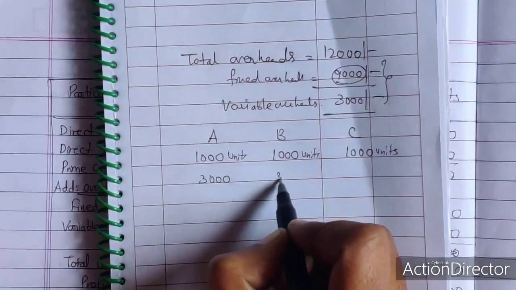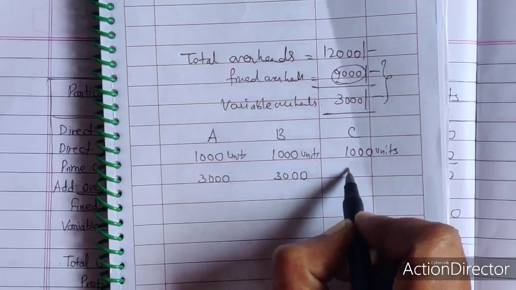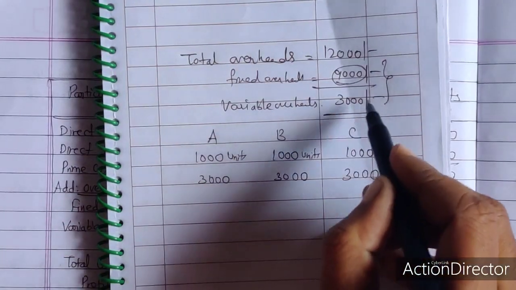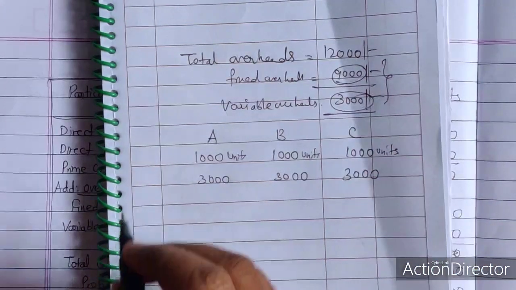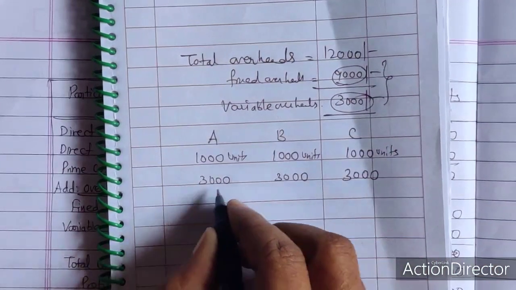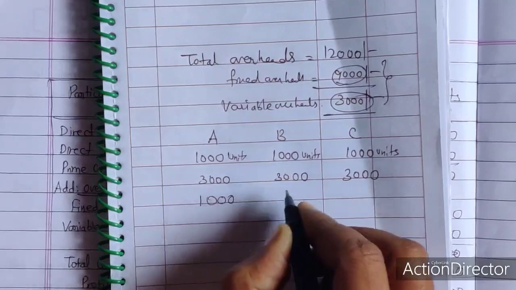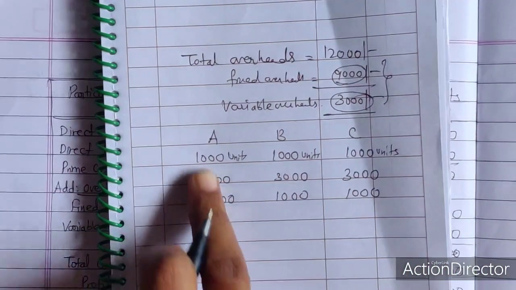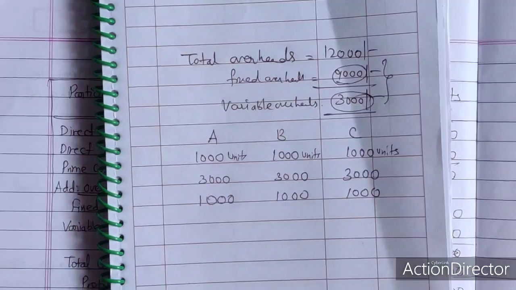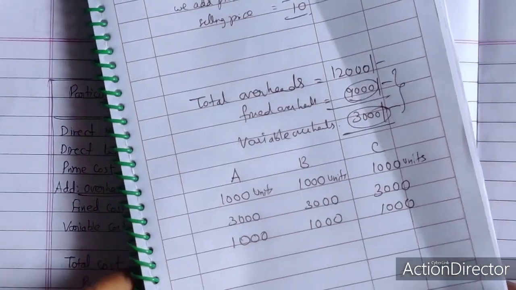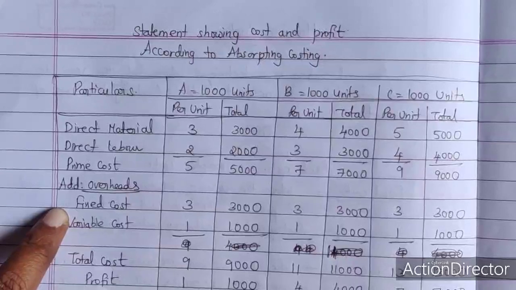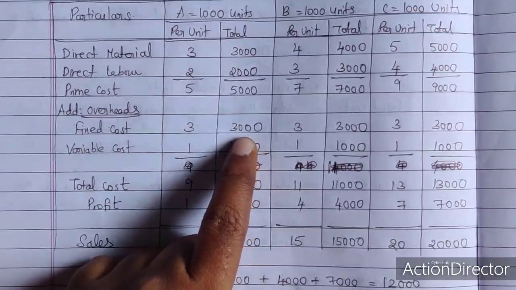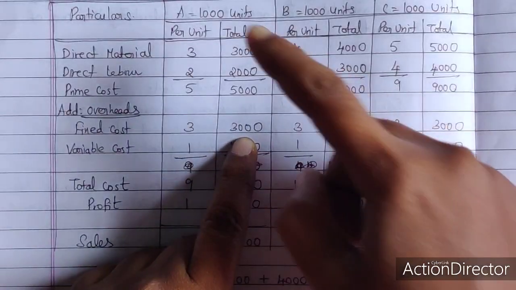That is 3000 rupees for A, 3000 rupees for B, and 3000 rupees for C. Variable overheads price is 3000 rupees. That also we have to equally share. That is 1000 rupees, 1000 rupees, 1000 rupees. So in this way we need to apportion this amount, and then we have to put here fixed cost, that is 3000 rupees for 1000 units.